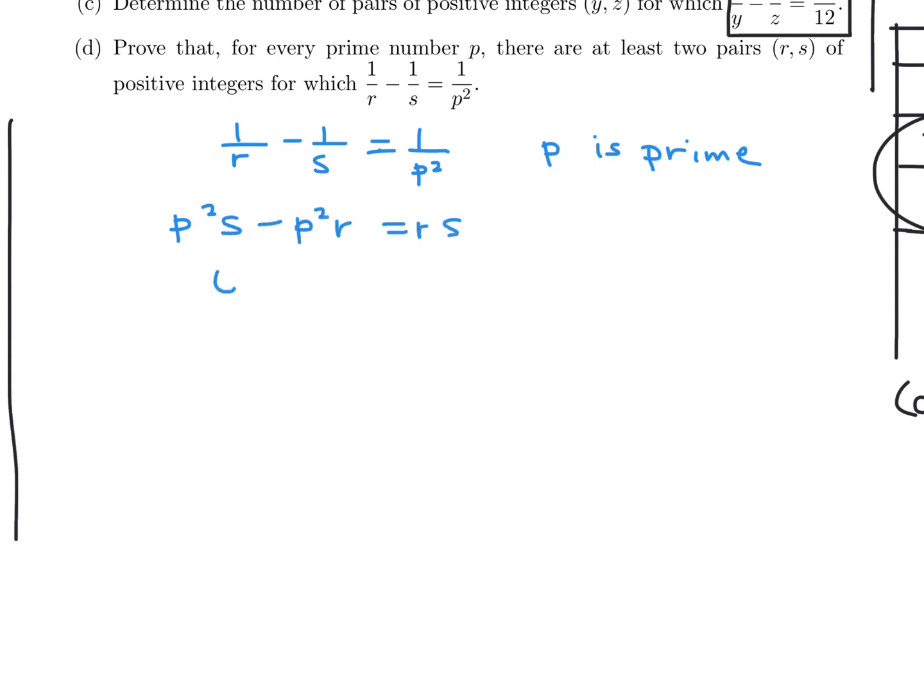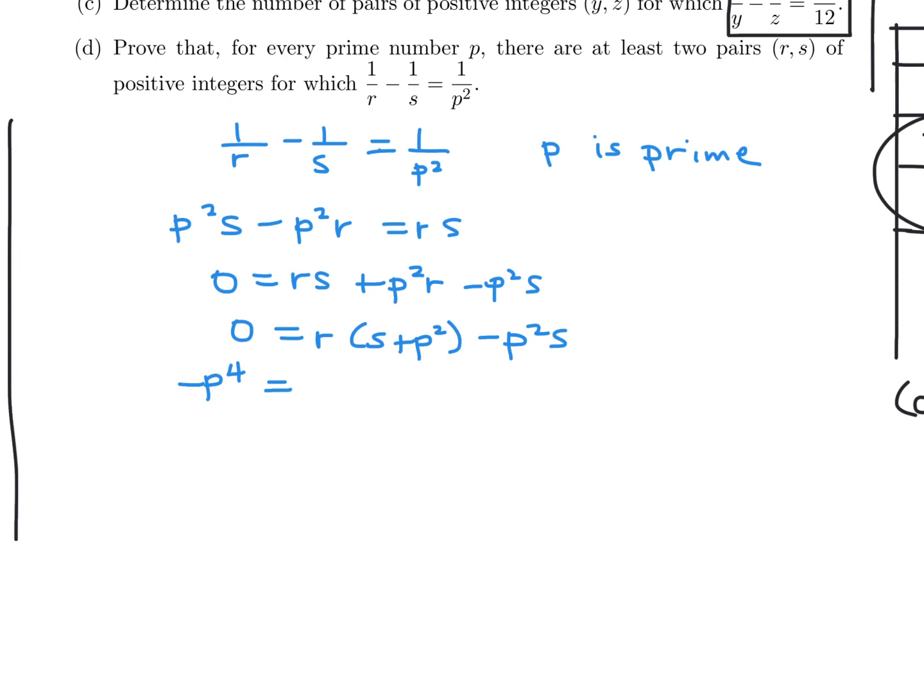Put everything on one side, and we get rs plus p squared r minus p squared s, and then minus p to the power of 4. Very similar to the previous one, it's just we have letters this time instead of numbers, so it might be a little bit abstract, but it's not so bad.